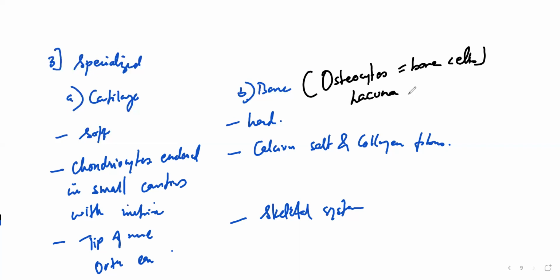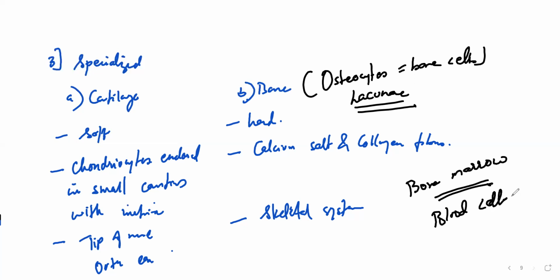Lacunae. So between the bone cells, whatever spaces are present, that is termed the lacunae. And one more thing is our blood cells which are being produced. From where are these blood cells produced? Blood cells are produced from bone marrow. So which is the site for the production of the blood cells? It is the bone marrow.